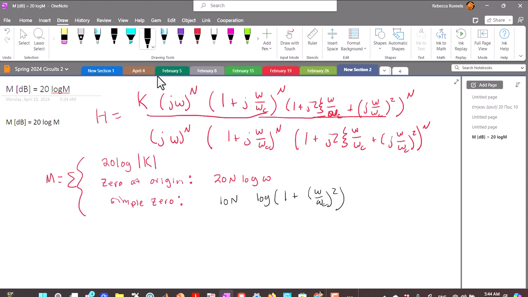It is equivalent, and this is better because there's no j in it, because you already got the magnitude part taken care of. Okay, so there's a simple zero, and then pole at origin.